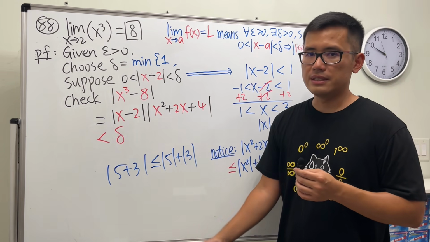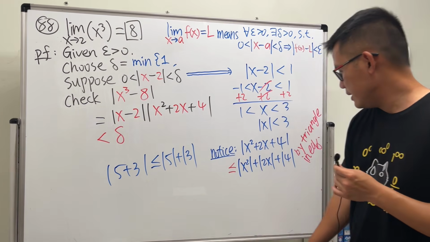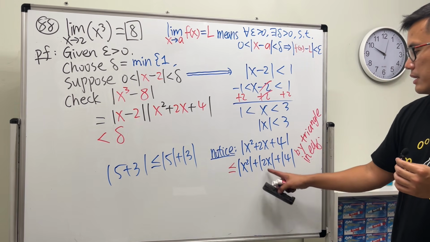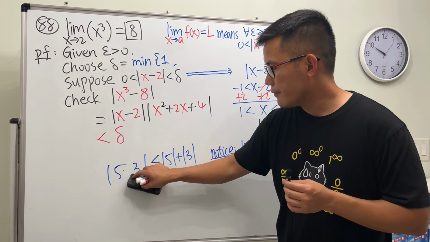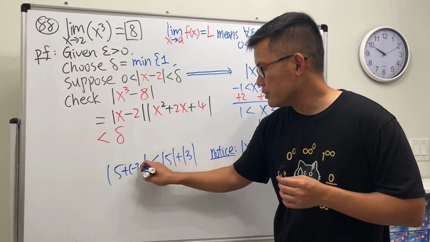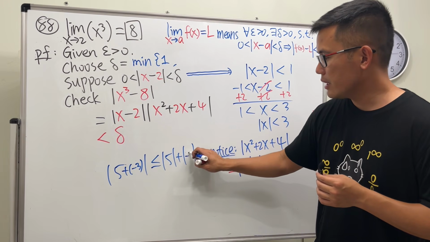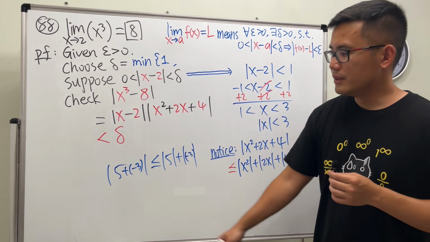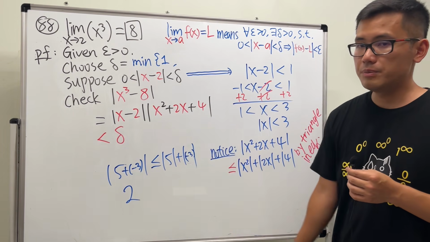It's actually equal to 8. But if you have, let's say, this, because you don't know if x is negative or not, right? So let's say if we have 5 plus negative 3, I'm going to put the 3 right here and make it negative 3. You see, here we actually just get 2, but then here we have 8. The right hand side is bigger.